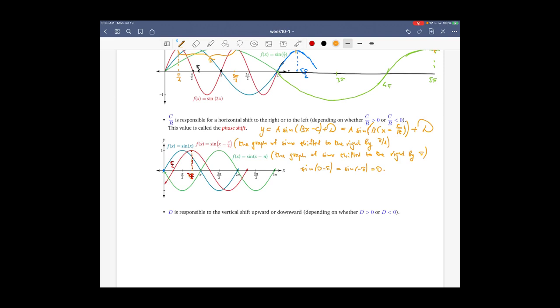In fact, if you look carefully at the graph of the green curve, it looks like the graph of the green curve is simply the reflection of the blue curve about the x-axis, which algebraically is expressed by the fact that sine of x minus pi is simply negative sine x, which is interesting.